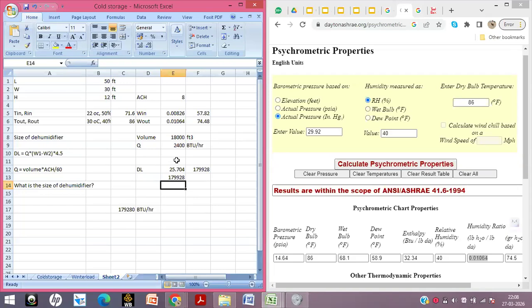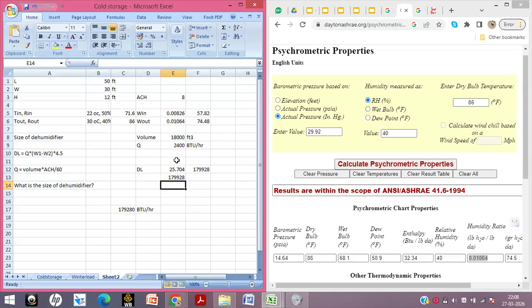Then we came to dehumidification: what it is, when we can use it, the advantages and disadvantages, and how to size it. We saw an exercise where we have a particular room size, so we calculate the volume. Then we have two different conditions, indoor and outdoor.